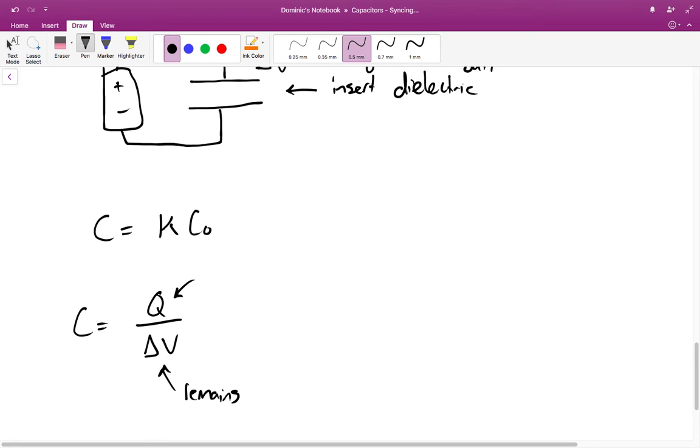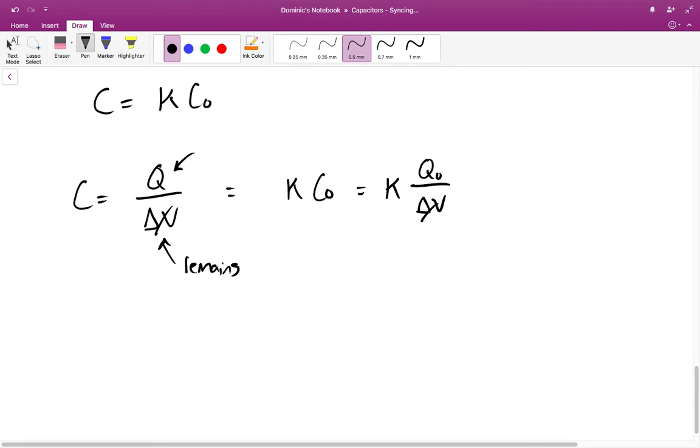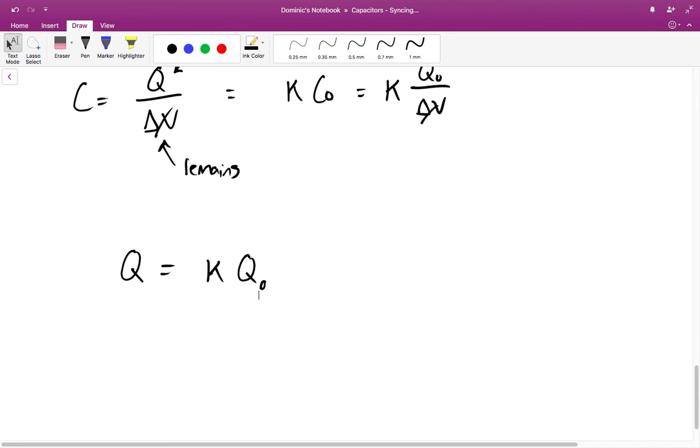Since capacitance is equal to charge over delta V, and the capacitance is equal to kappa times C naught, and C naught is equal to Q naught over delta V naught, since the delta V's are the same, then the new charge Q is equal to kappa times Q naught. So the amount of charge on our capacitor must increase in that case.